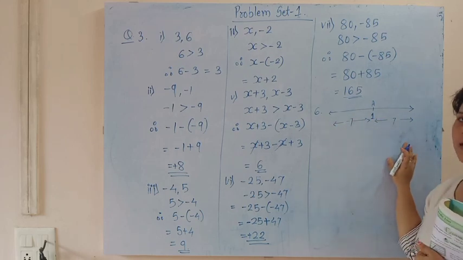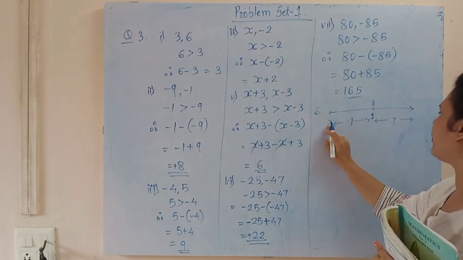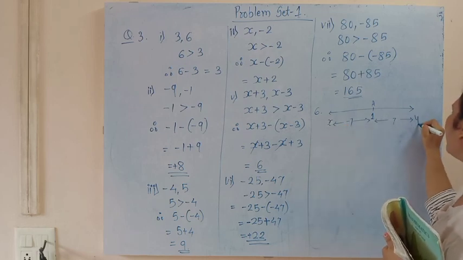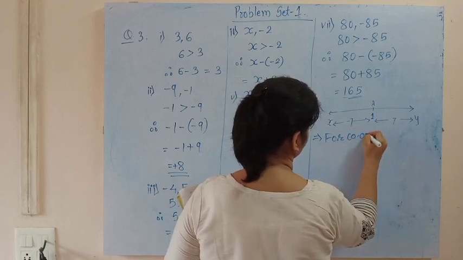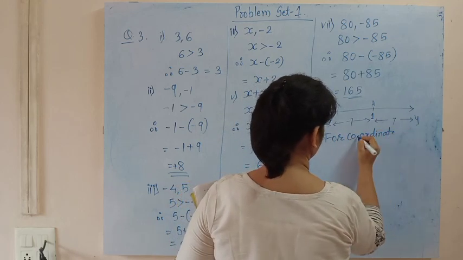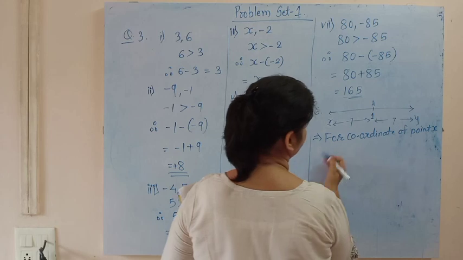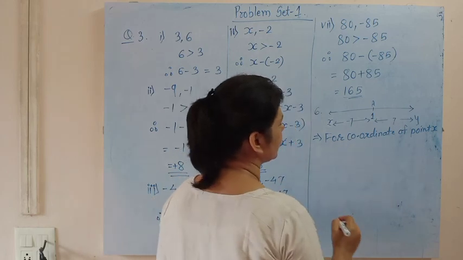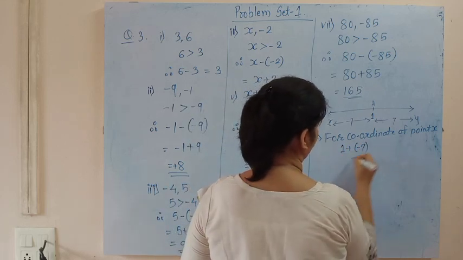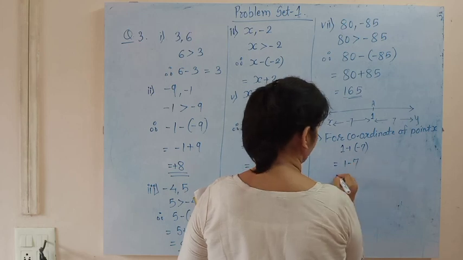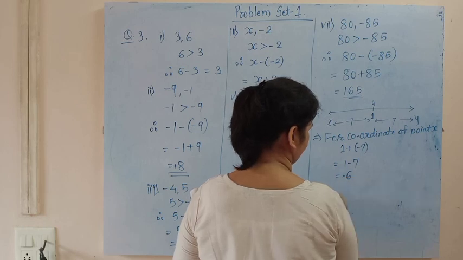We solved it yesterday in question number 4. So let it be the point X and point Y. So for coordinate of point X, what to do? We had to add negative 7. 1 plus negative 7, that is 1 minus 7, that is difference of the numbers, that is 6 and sign of greater number.